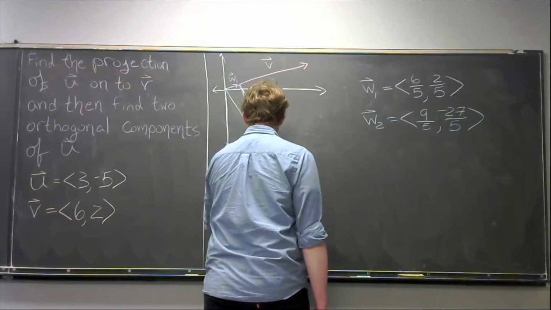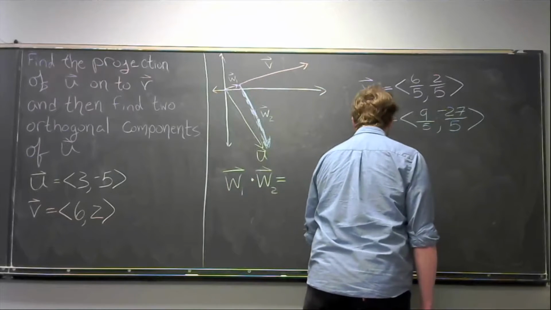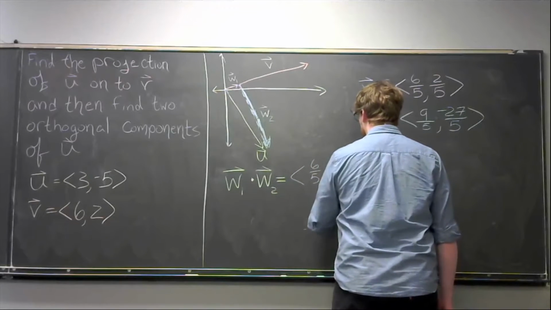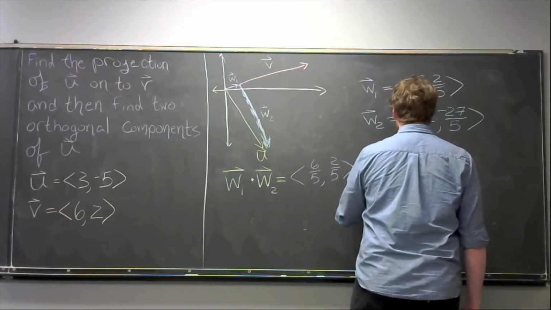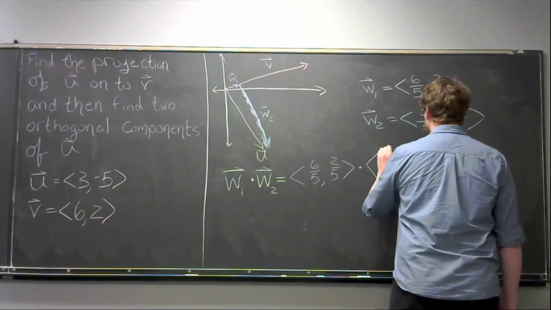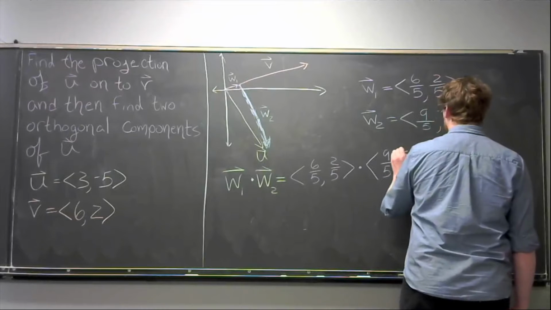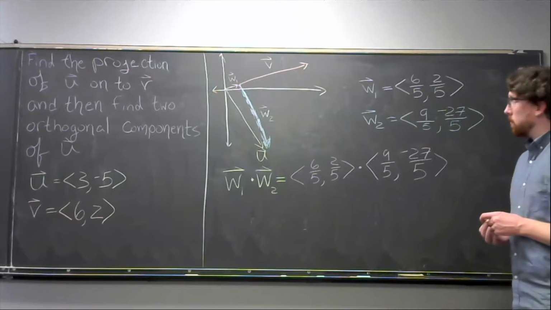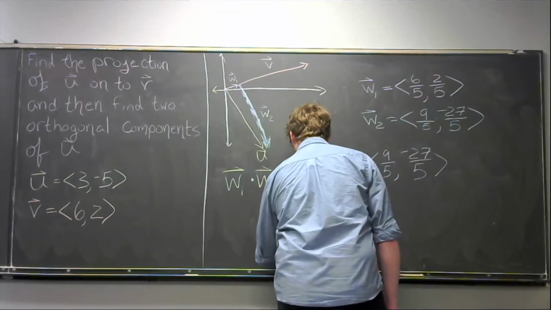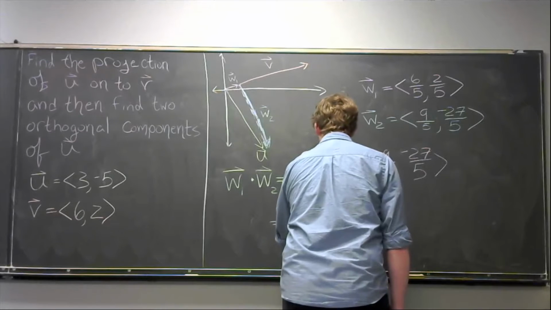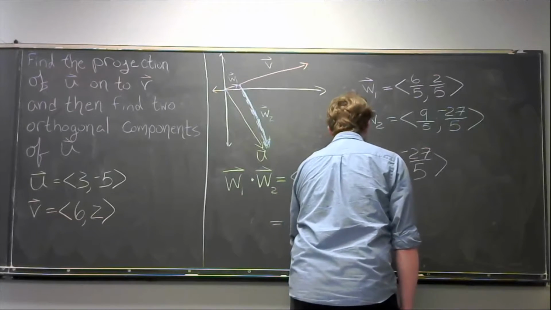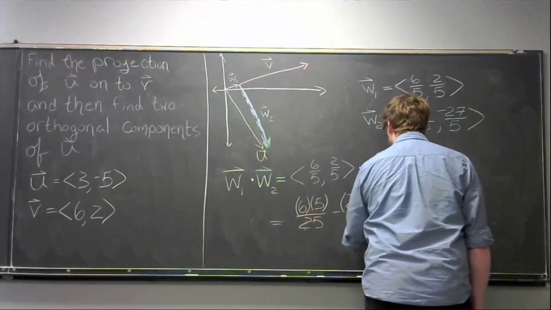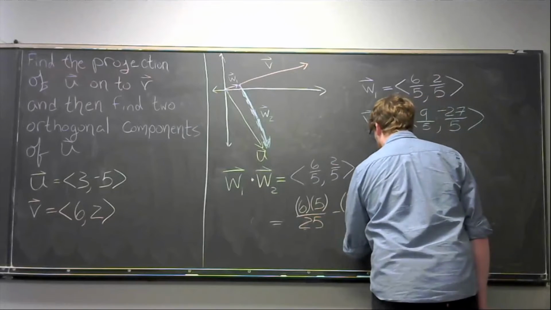W1 dot W2 is equal to 6 over 5, 2 over 5, dot 9 over 5, negative 27 over 5, well, this is going to come out to be 6 times 9 over 25 minus 2 times negative 27 over 25.